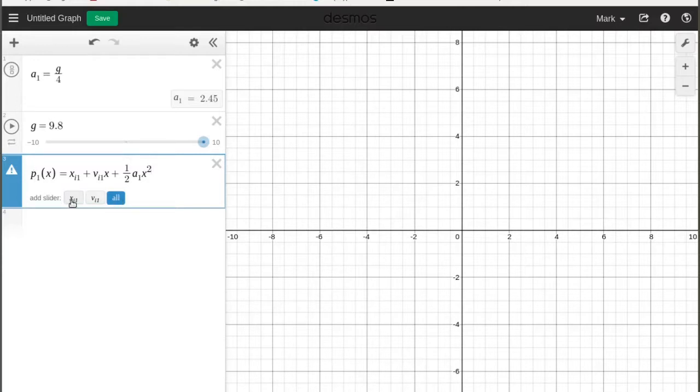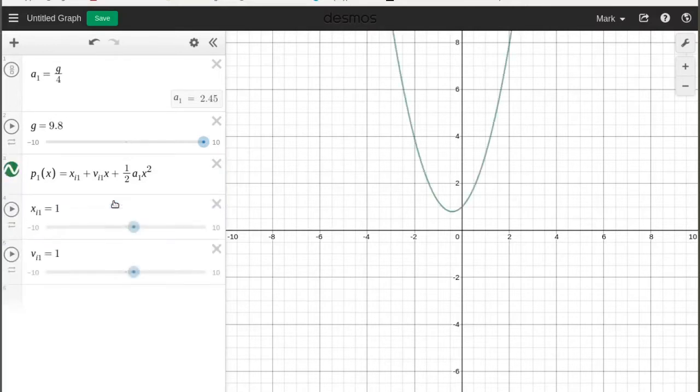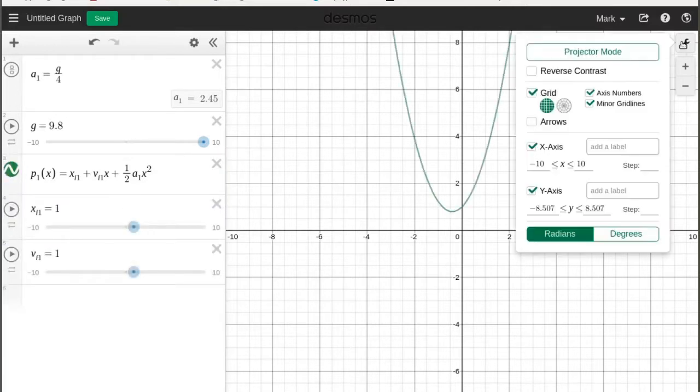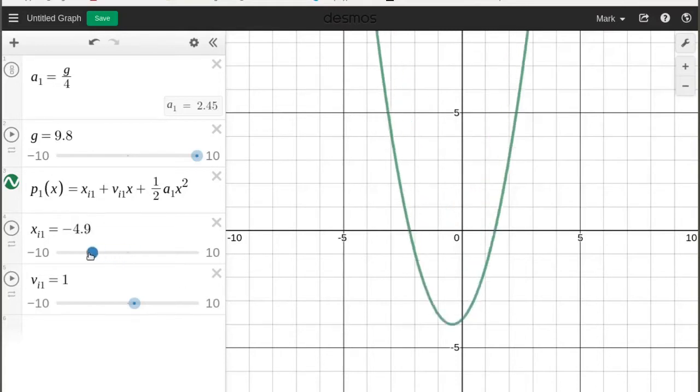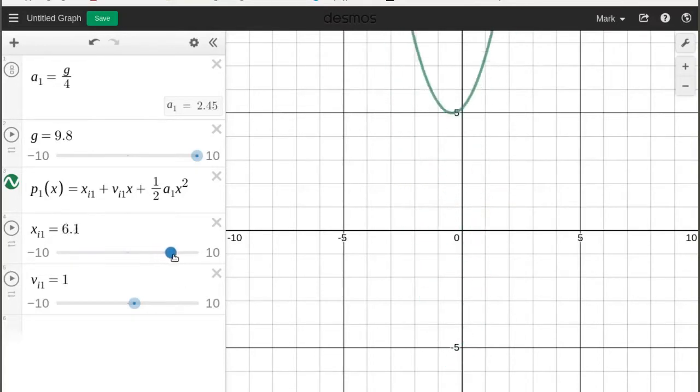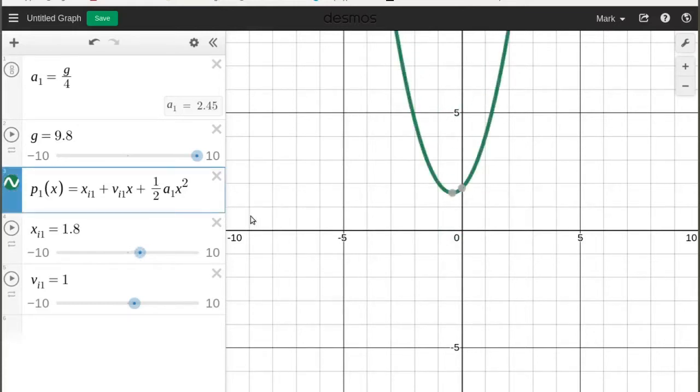All right, now it's pointing out to me I don't know what the initial position is, and I don't know what the initial velocity is. But it's offering, would you like to make a slider for those? Okay. Oh, interesting. Well, let me put this in projector mode so it's easier to see. And I notice that if I change that initial position, that moves this parabola up and down because it's changing the intercept that it starts from.